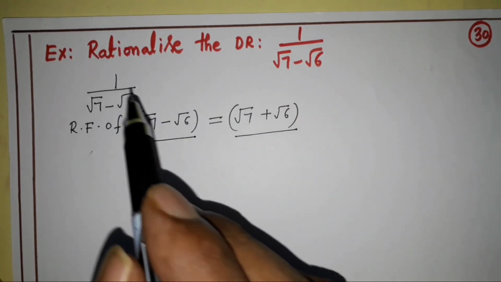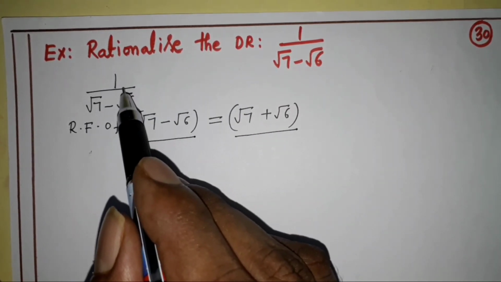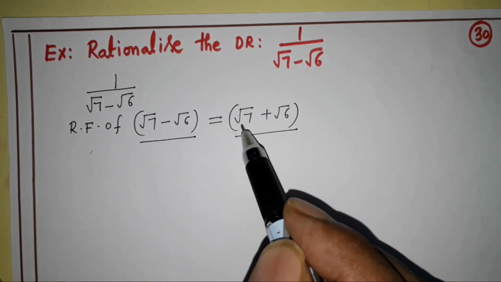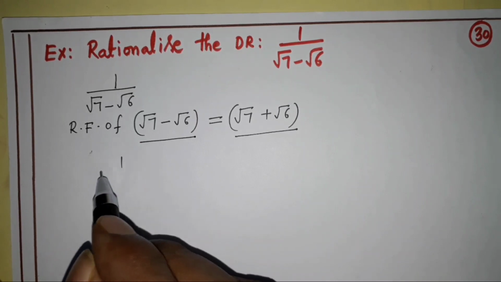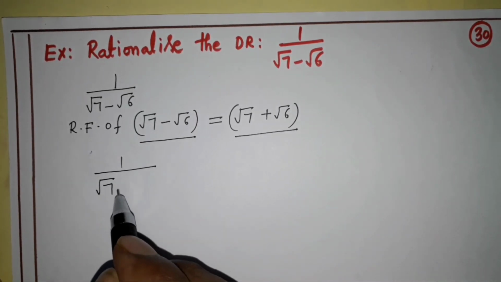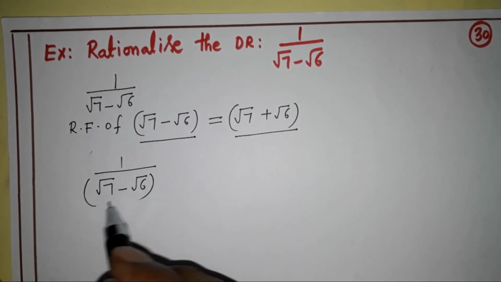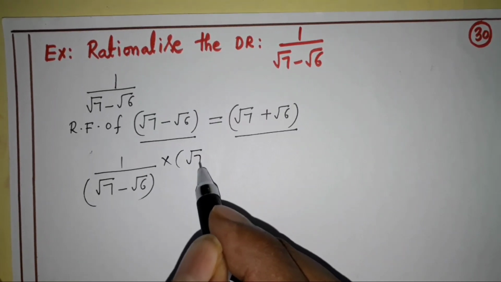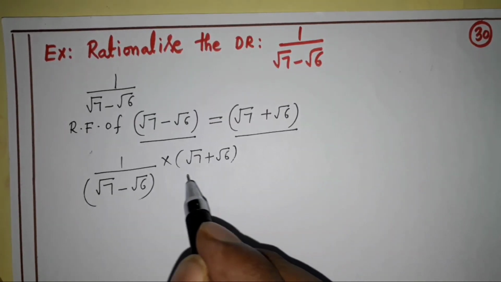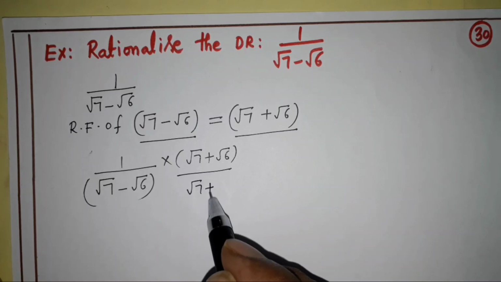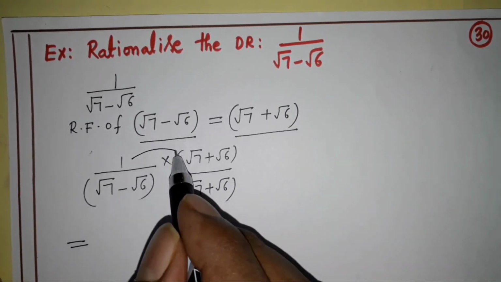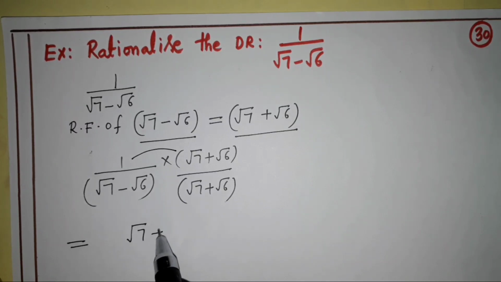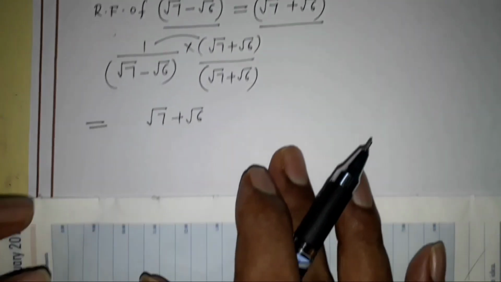Now you multiply this fraction, numerator and denominator, by root 7 plus root 6. Then it becomes 1 by root 7 minus root 6 into root 7 plus root 6 by root 7 plus root 6. In the numerator, 1 into this, you will get root 7 plus root 6 only.